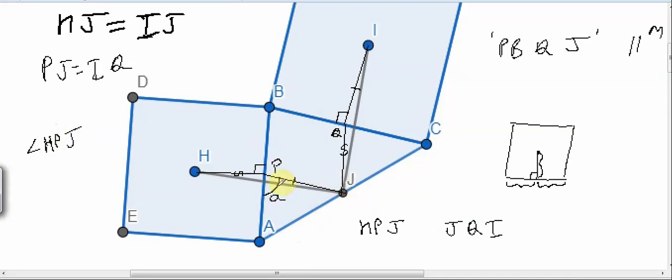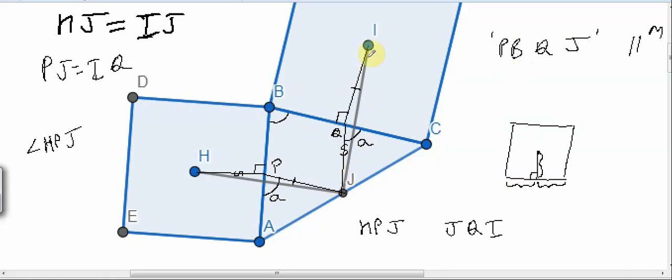Now this angle is equal to this angle, because PBQJ is a parallelogram, and this angle is equal to this angle. So the point is, this angle is also equal to a.